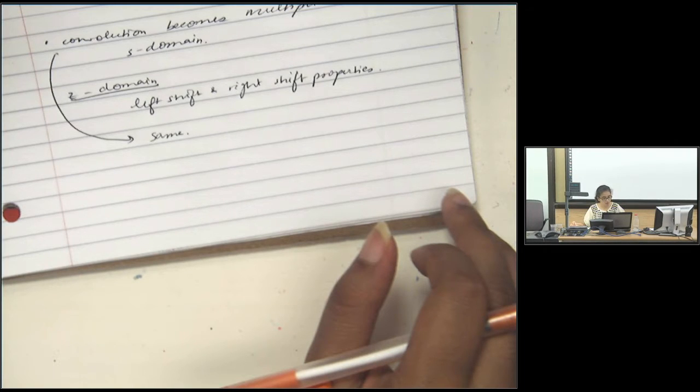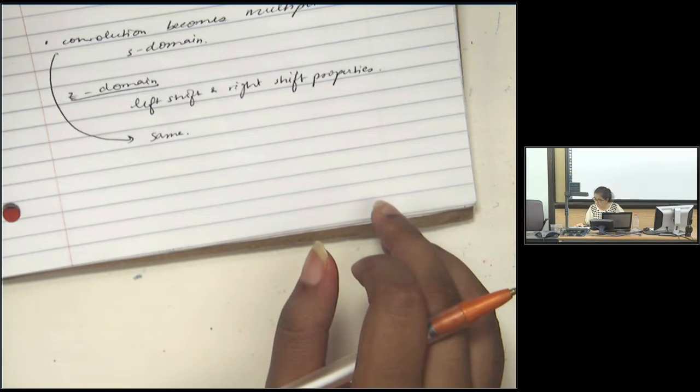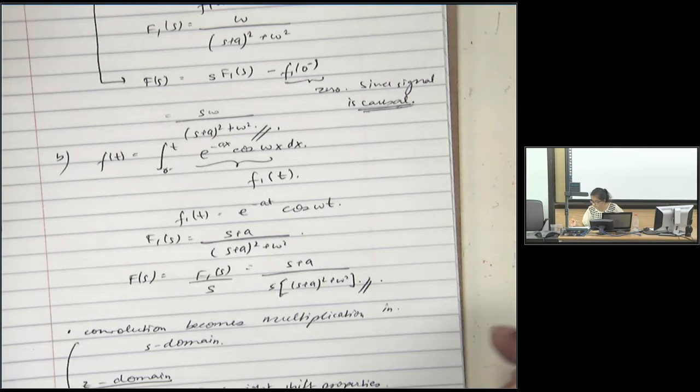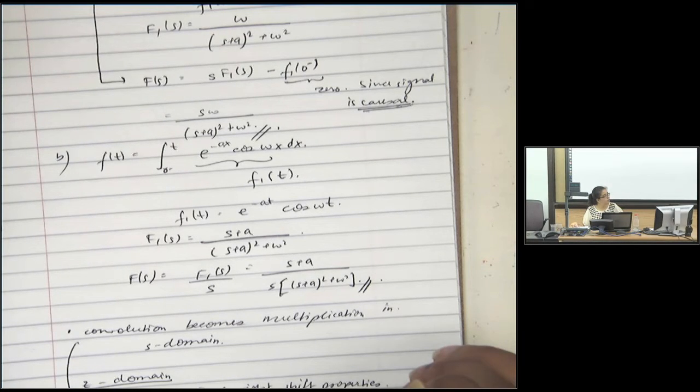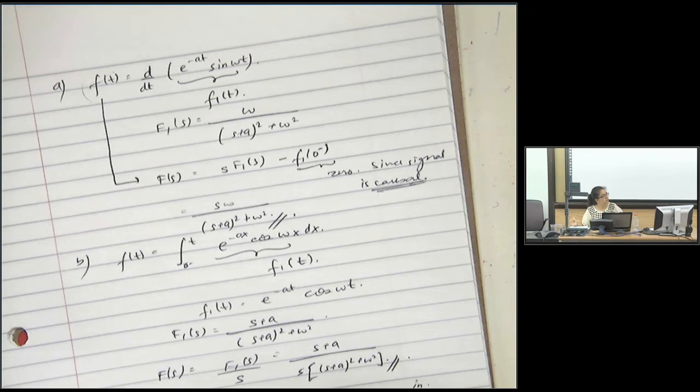I have a question on part A. Yeah. So I just want to clarify what we did. So from the table, we looked at e to the negative at sine omega t. Correct. And that's how we got omega over whatever that is, F1 of s. Correct. And then because we are differentiating, we do s F1 of s minus f1 of 0. Correct. Okay, so you don't differentiate it, then look at the table.